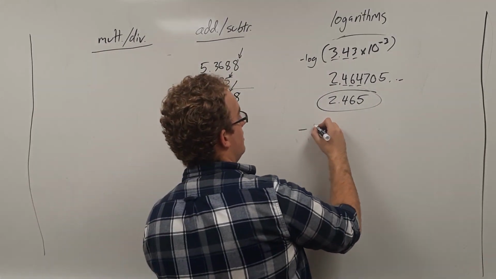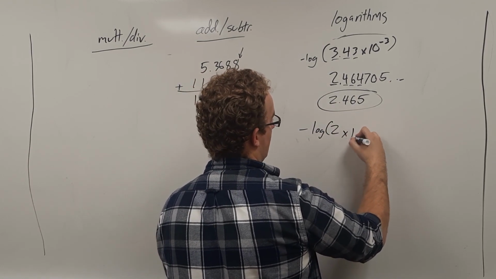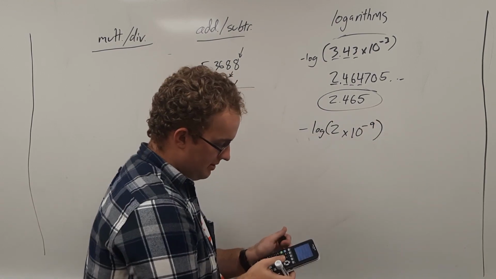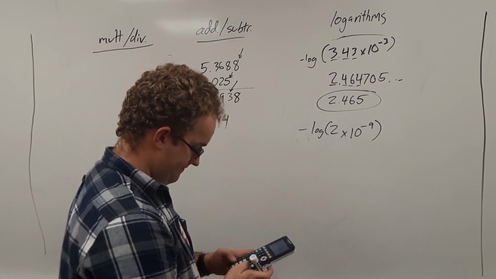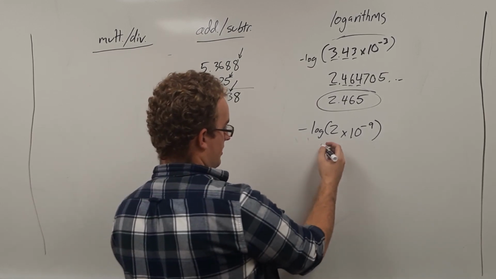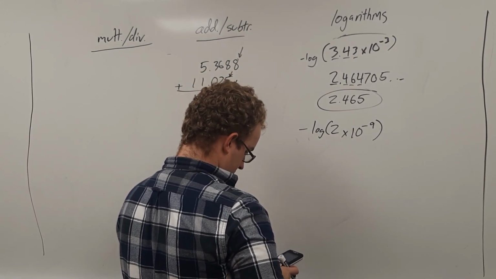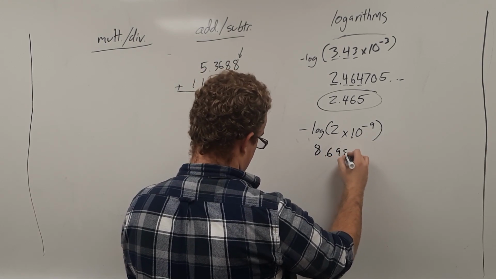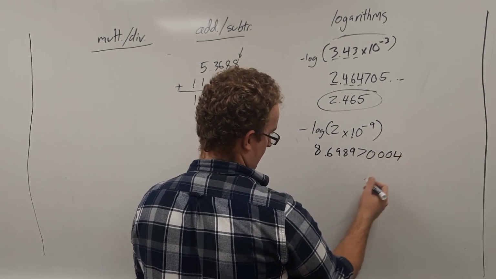Another example, the negative logarithm of say 2 times 10 to the negative 9th. Let's plug that in real quick. That gives you, I think it is 8.6989700004.